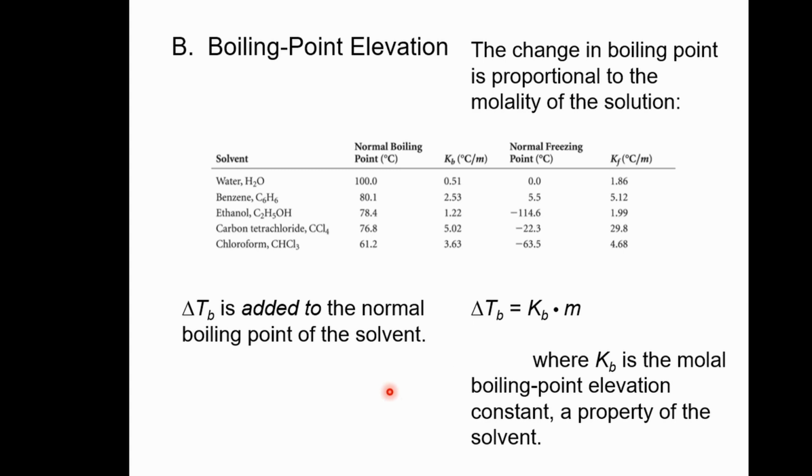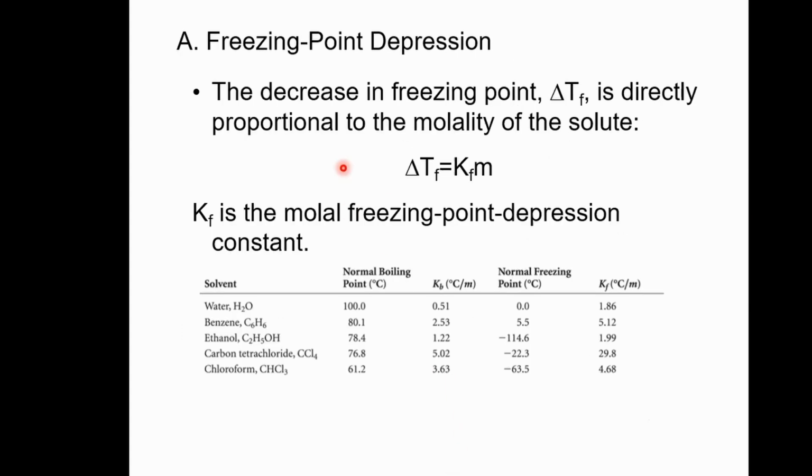So once again, how much the boiling point is elevated is dependent upon the molality of the solute. And once we have a delta T, we want to add that to the normal boiling point. And just as over here, I didn't say, but normally water freezes at 0 degrees Celsius.